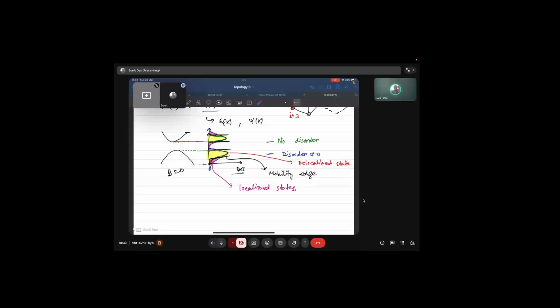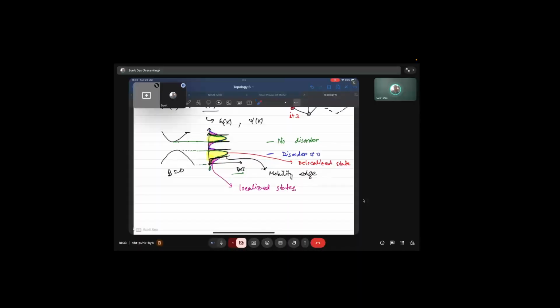So the electrons sitting within this density of states are essentially delocalized, so they can move the moment you apply some external perturbation and so on. But then, in presence of disorder, you have extended density of states in this region, the pink region, but they are localized states.